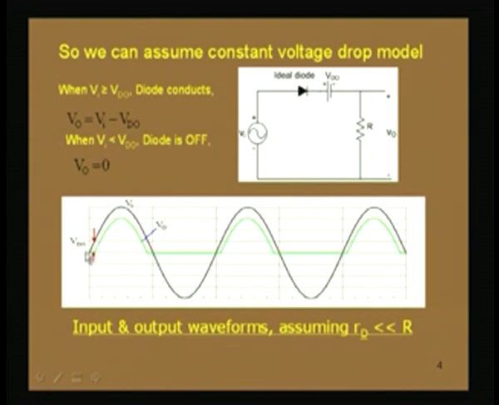So, these are the input and output waveforms assuming the constant voltage drop model of the diode.